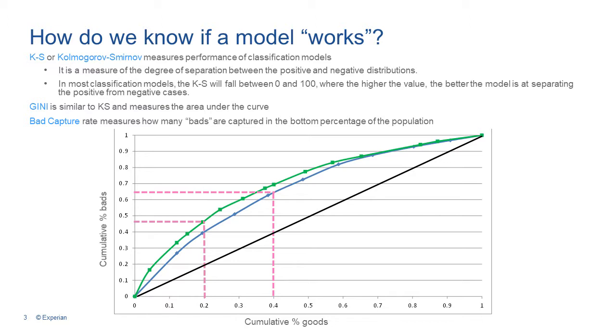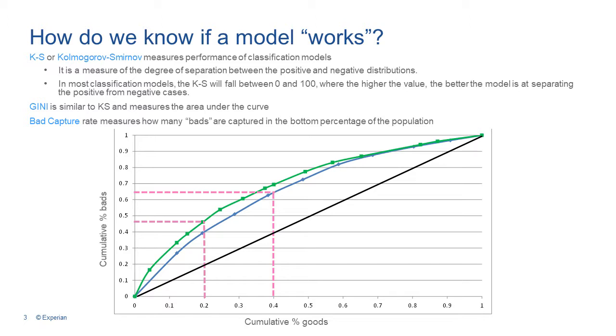So the pink line vertically is the distance between random and the model, and that is your measure of KS, which goes 0 to 100, with 100 being the most predictive and 0 being equal to random. Gini is a very similar metric, looking at the curve versus the random line, but instead of the distance, it measures the area under the curves.